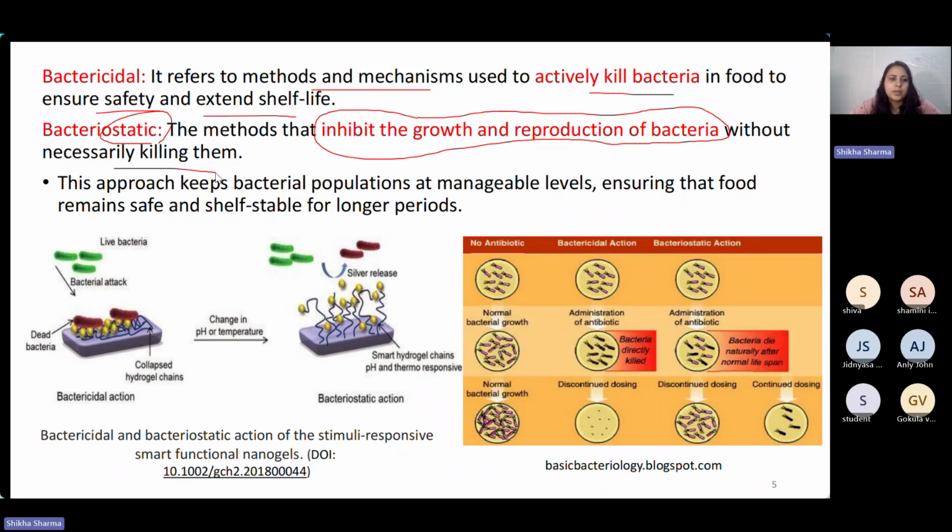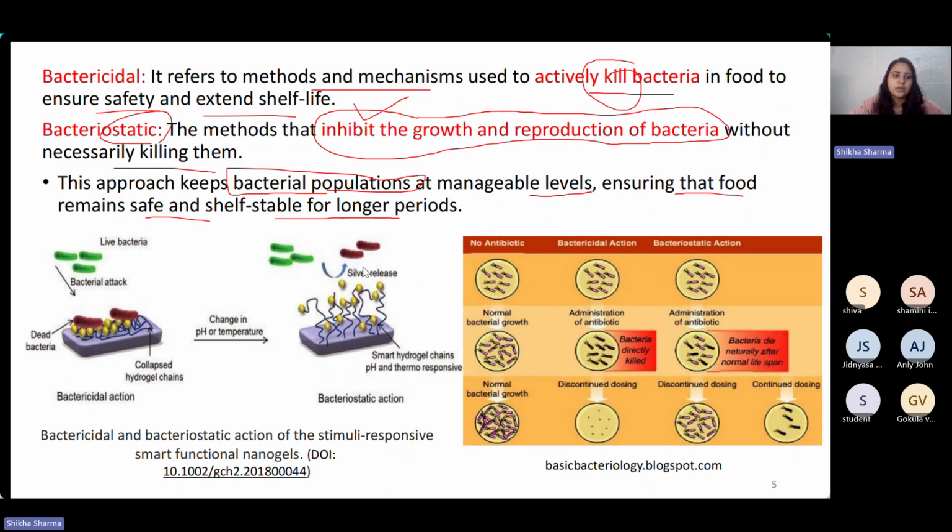In bactericidal we are killing the bacteria. In bacteriostatic, this approach keeps the bacterial population at manageable levels, ensuring that the food remains safe and shelf-stable for longer periods.